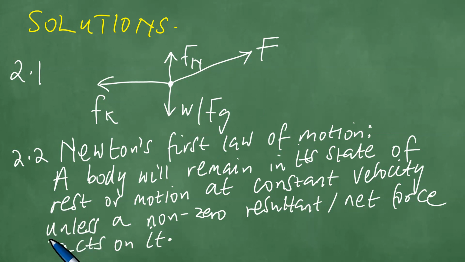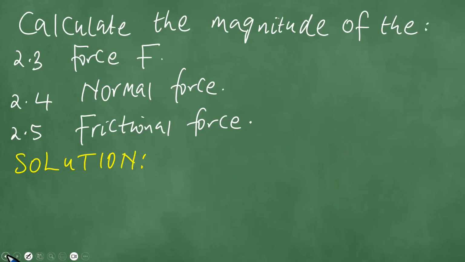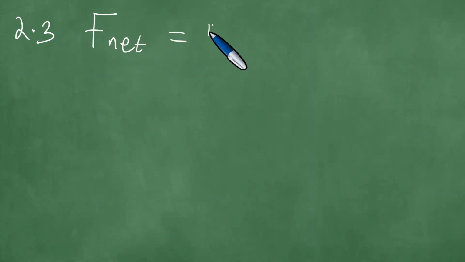What is Newton's second law of motion? So we're dealing with 2.3. 2.3 says the net force is mass times the acceleration.